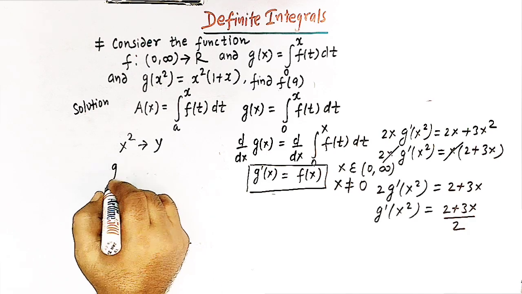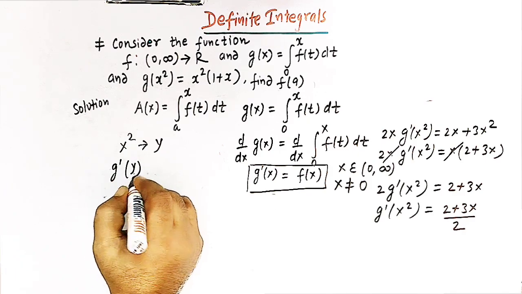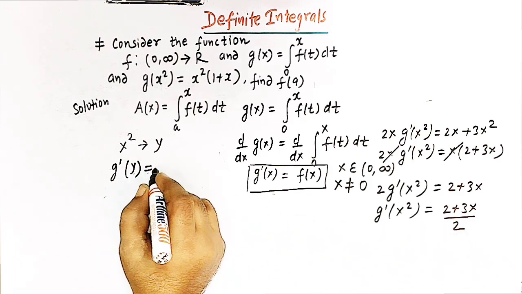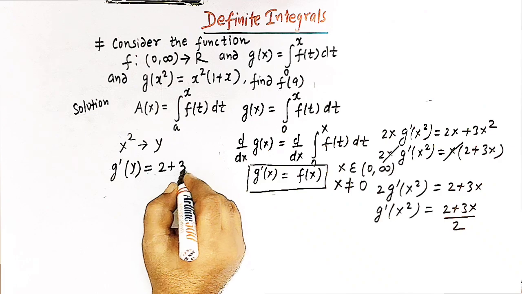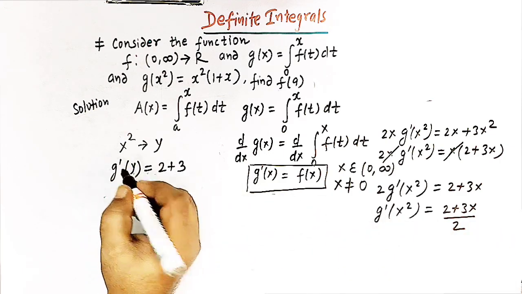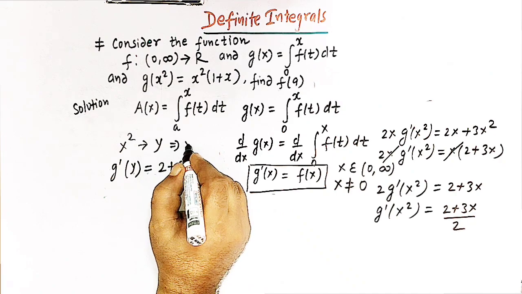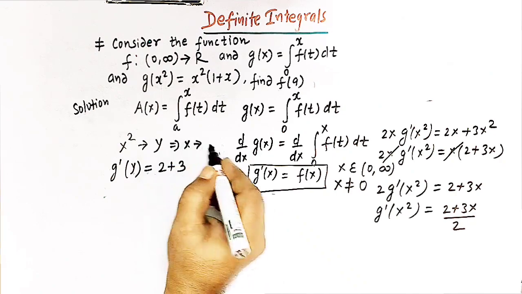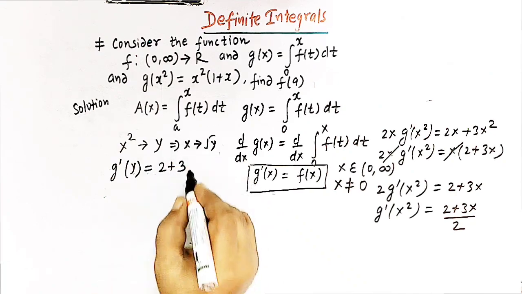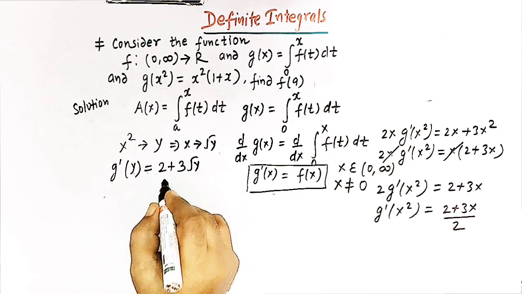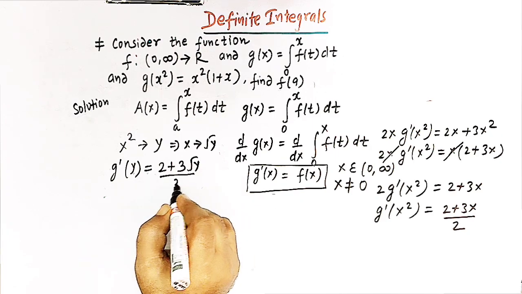So we can now write g prime of y, and here we have 2 plus 3x. Now when we are replacing x square by y, it implies that we have to take x is equal to square root of y. So here we have square root of y, and in the denominator we have 2.